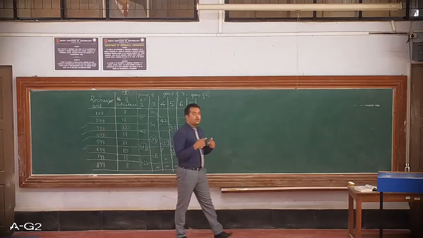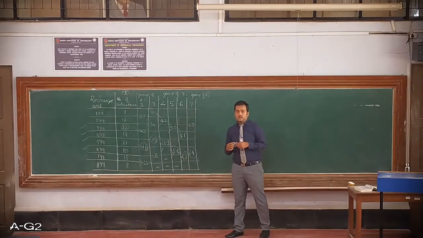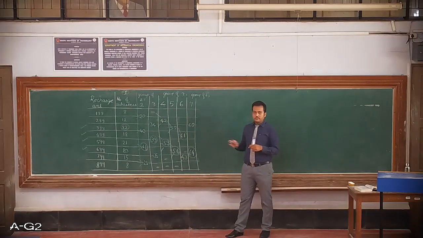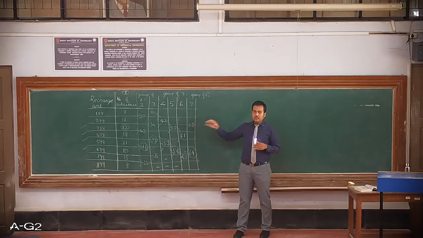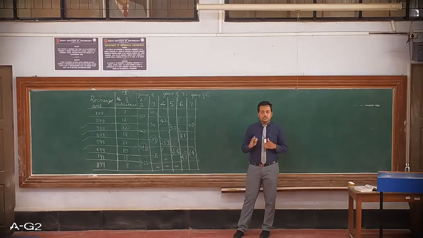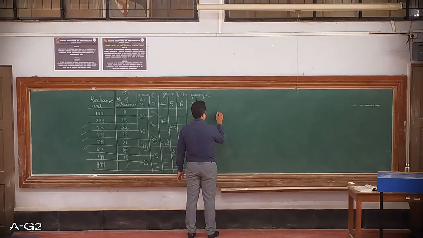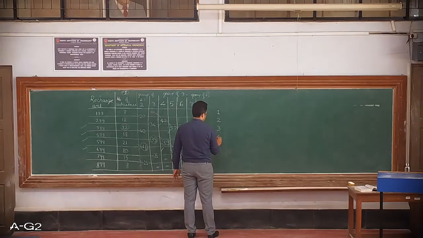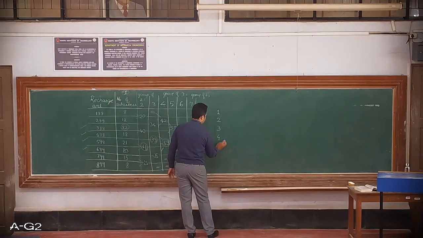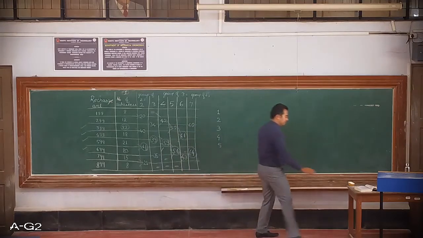Now I need to form one more table. Depending on the number of columns we have in this table, that many rows we have to add to the next table. So my row numbers, in the same way, are 1, 2, 3, 4, 5, 6 and 7.